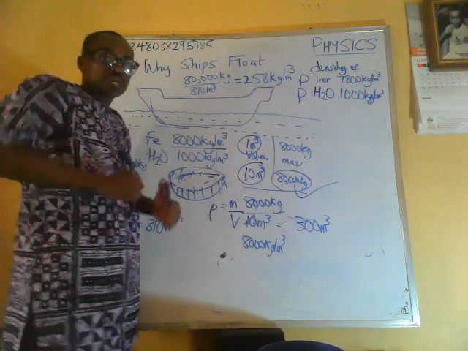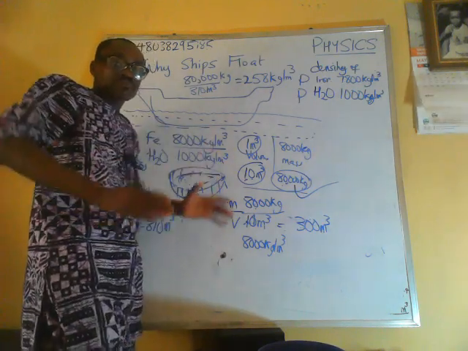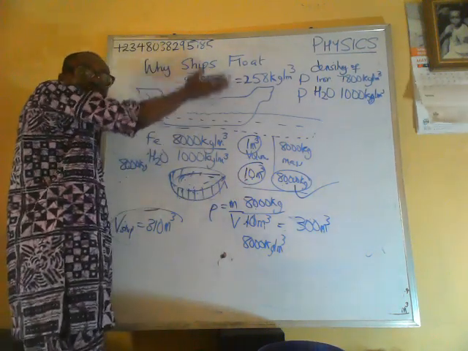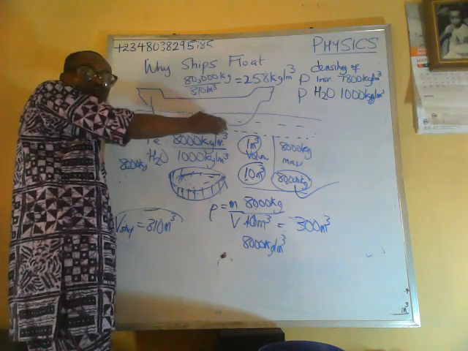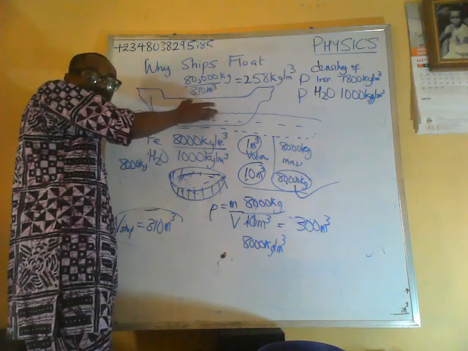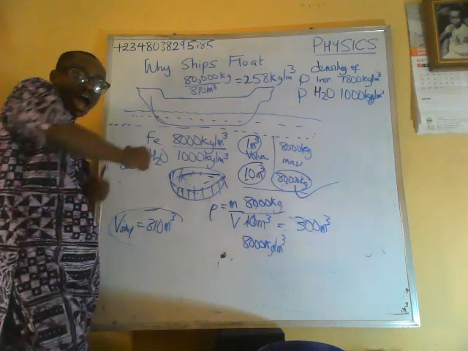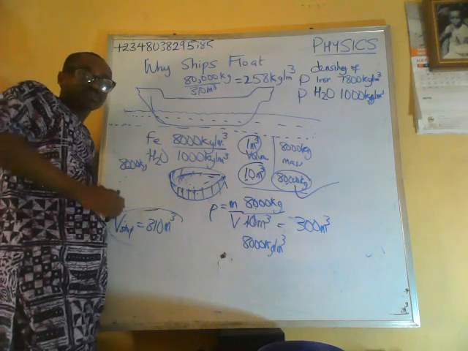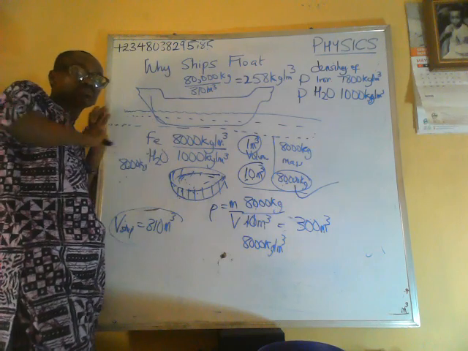When the ship is put into water, before it gets completely submerged or even half submerged, it will displace a weight of water equal to its weight. It's able to do that due to its high volume. This great volume of the ship enables it to displace a volume of water equal to its weight, and the ship can actually float.